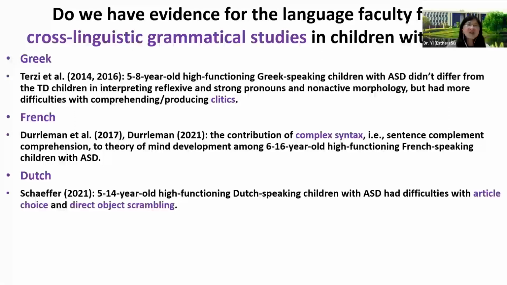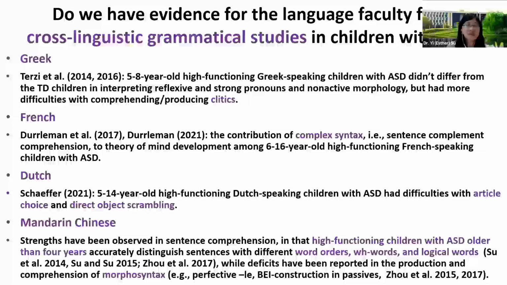In Dutch, Schaeffer and her colleagues investigated 5 to 14-year-old high-functioning Dutch-speaking children with ASD, and found they had difficulty with article choice and direct object scrambling. And also in Mandarin Chinese, strengths have been observed in sentence comprehension: high-functioning children with ASD older than 4 years accurately distinguish sentences with different word order, WH questions, and logical words, but they also have deficits in production and comprehension of morphosyntax.